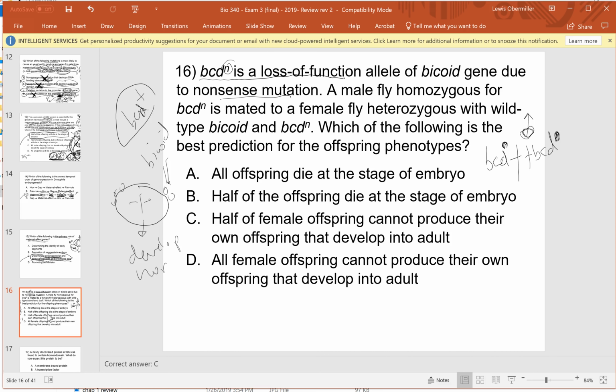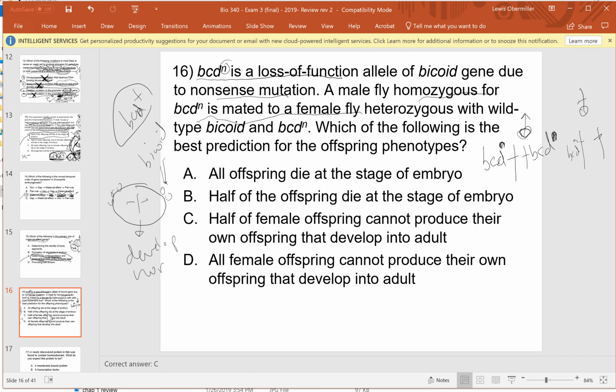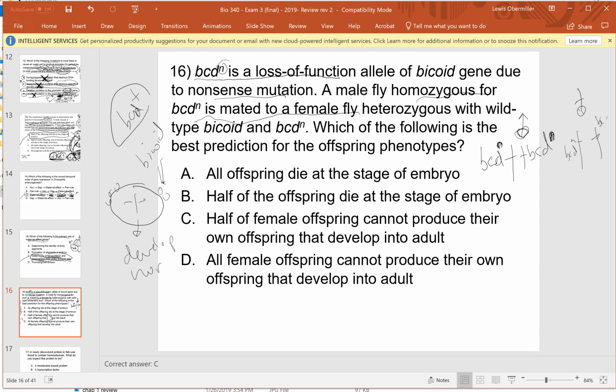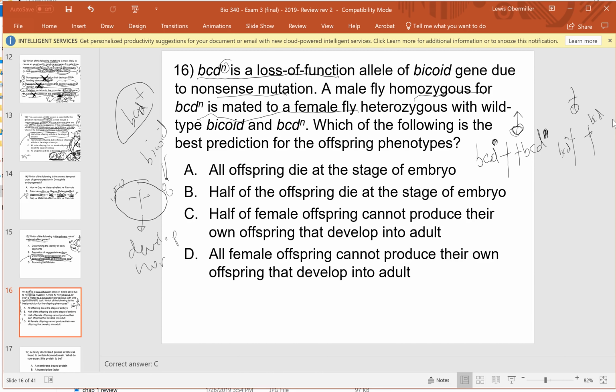So male fly homozygous for this mutation is mated to a female fly that's heterozygous. So female has BCDN and then normal bicoid. This fly can only make sperm because it's a male with BCDN.